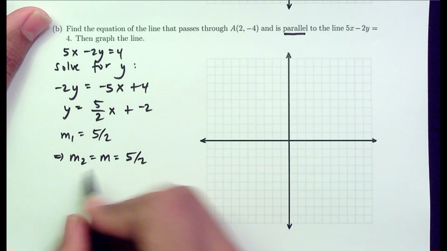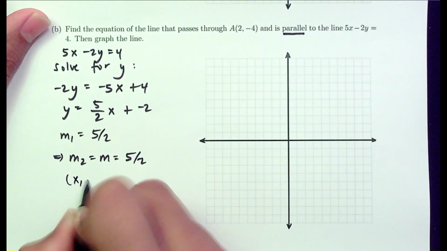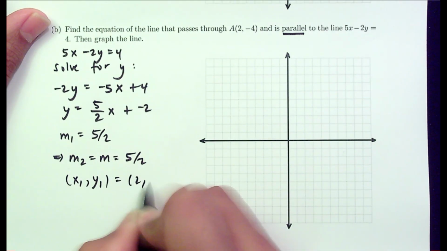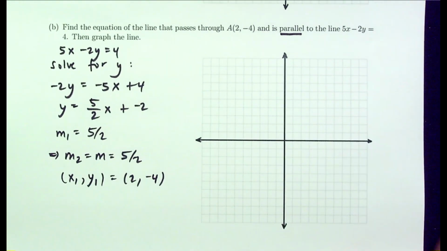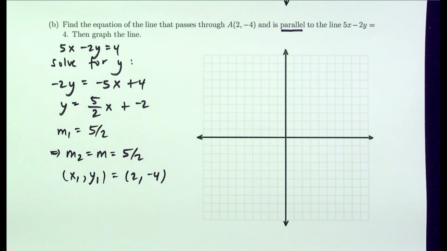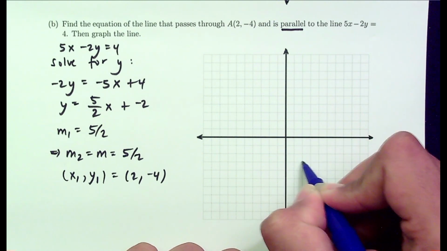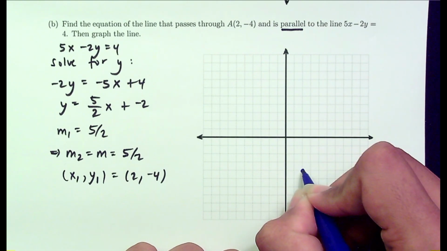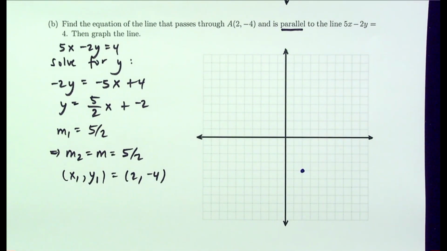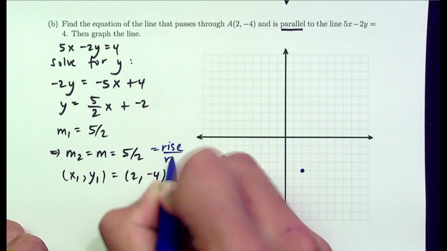And now we also have another point, x1, y1, which is 2, -4. So using this two pieces of information, we're going to graph this. Start out with the point 2, -4: 1, 2, and 1, 2, 3, 4. That's the point 2, -4. Now use rise over run. Remember, this is rise over run.